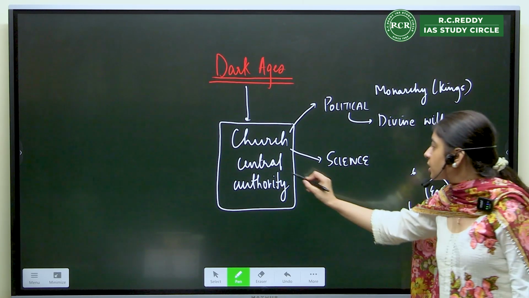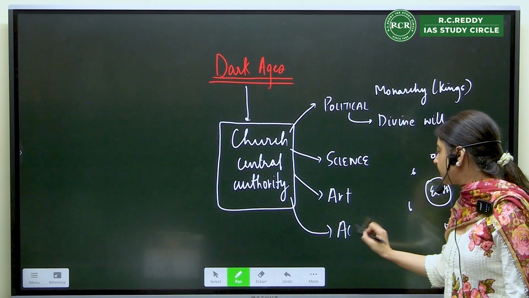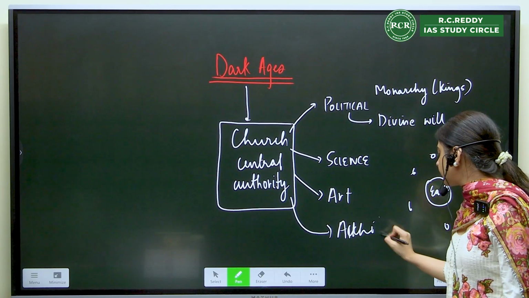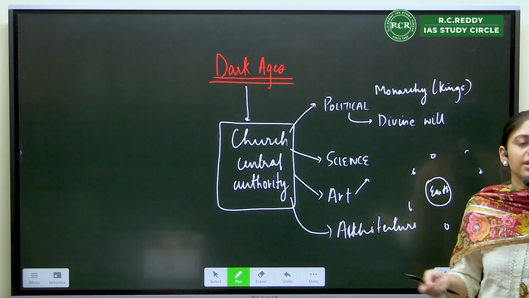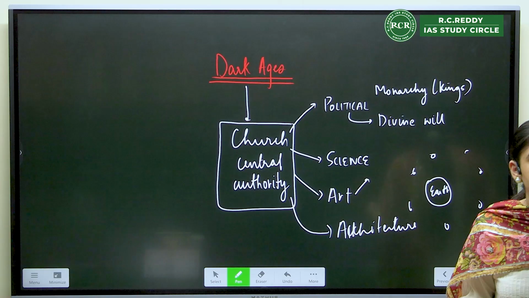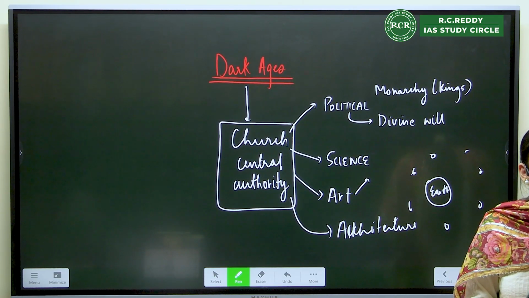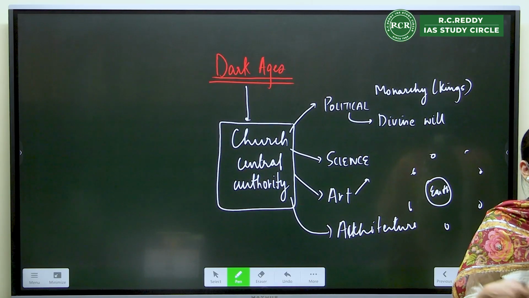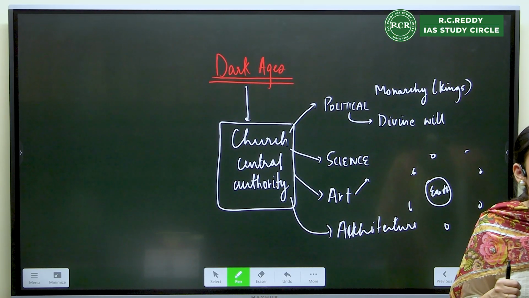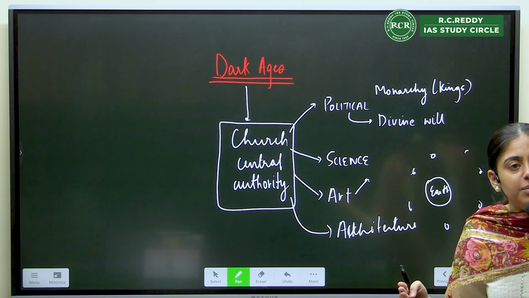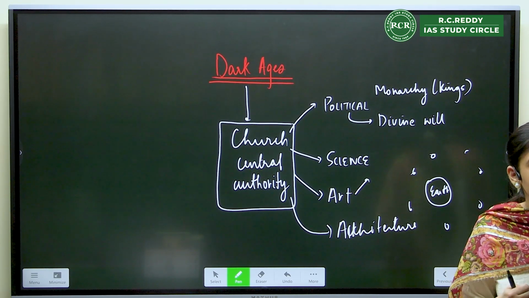Then church is controlling the art and architecture also. Art is mostly religious in nature. They are painting angels, which you will see in Renaissance. When Michelangelo, etc. will come, they will start painting humans, because things change now. From divine, the society will become more human centric. Why are you always talking about divine? What about humans?